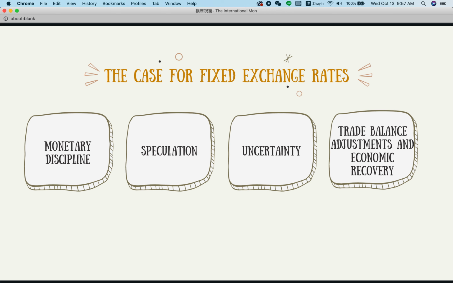Critics question the closeness of the links between the exchange rate, the trade balance, and economic growth.